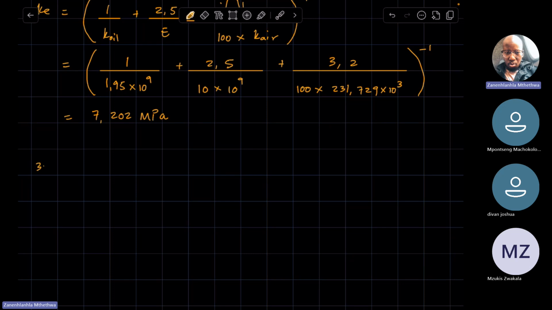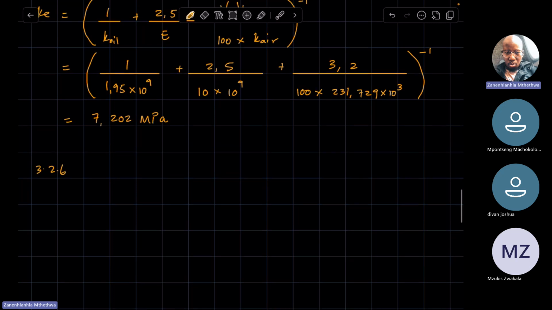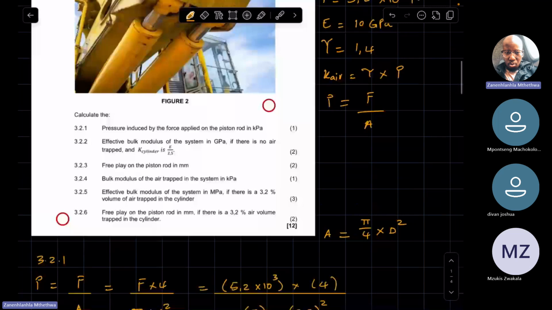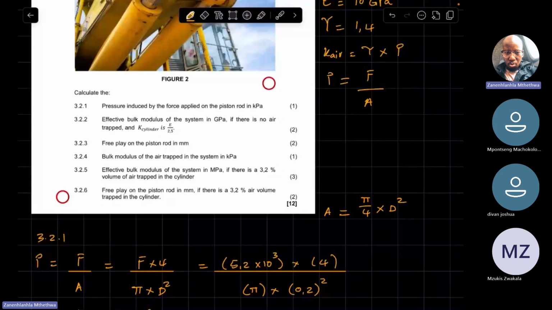And then 3.2.6 calculates the free play on the piston rod in millimeters if there is a 3.2% air volume trapped.